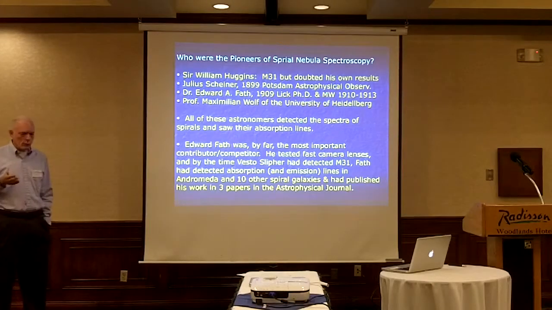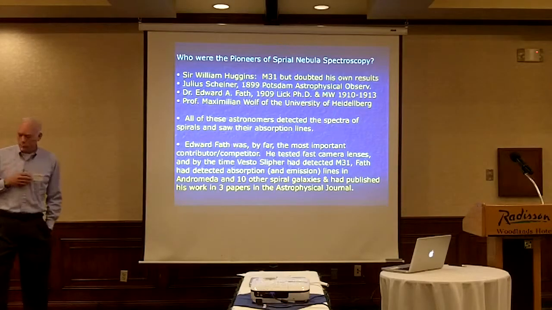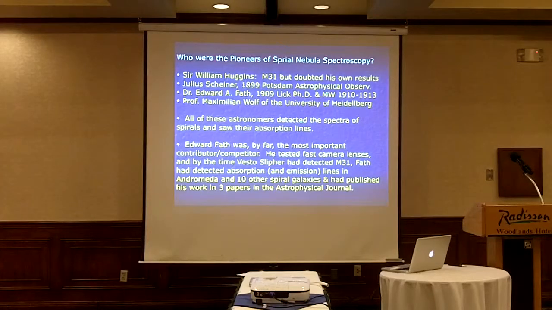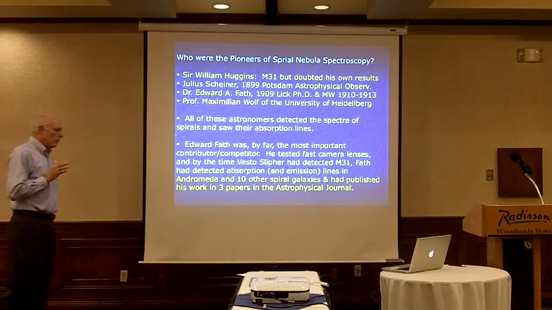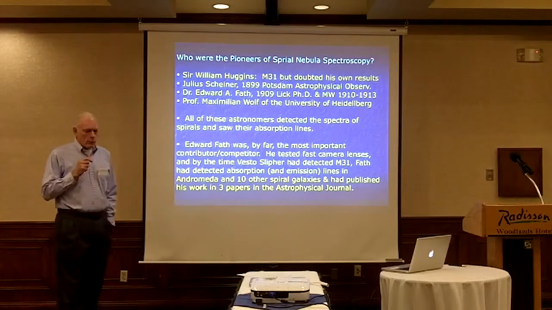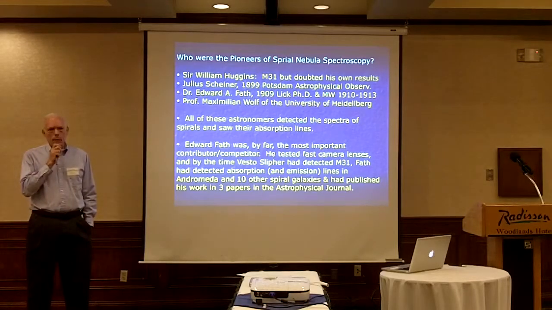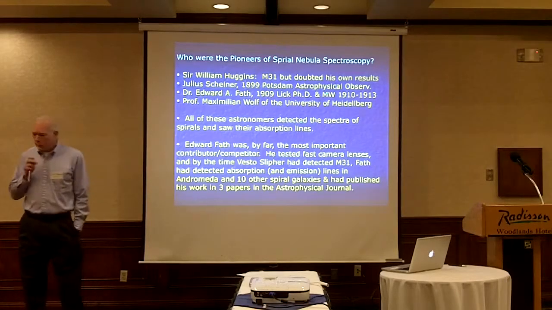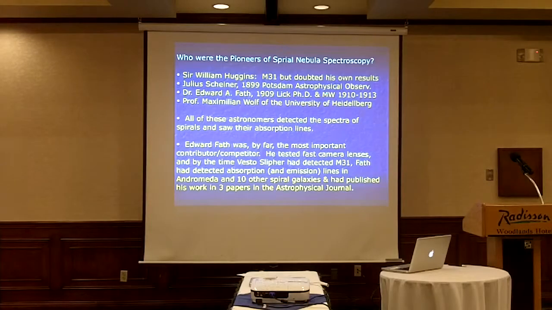Now, it's interesting to say that William Huggins, who essentially ended his work with a publication, as I understand it, in 1899, reports in that publication that he had detected the spectrum of the Andromeda galaxy. He did it on a photographic plate, and he reported that there were absorption lines in the spectrum, but in his compilation of his work, published in 1899, he sort of denied that really was what he saw.